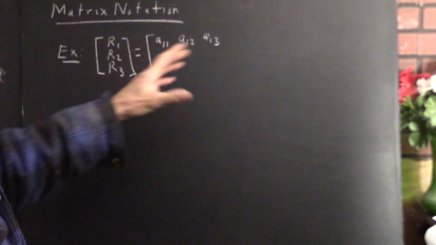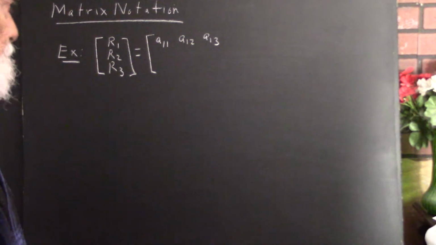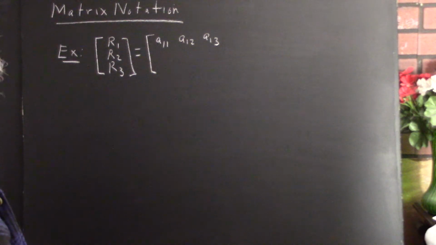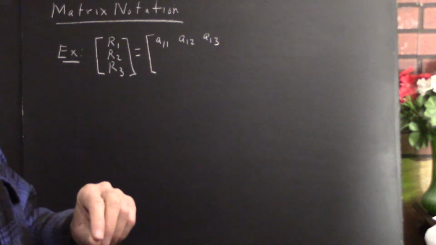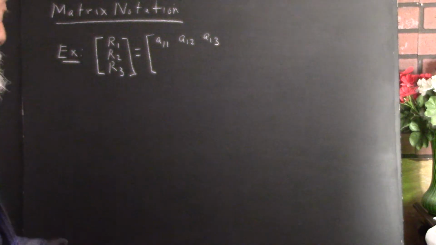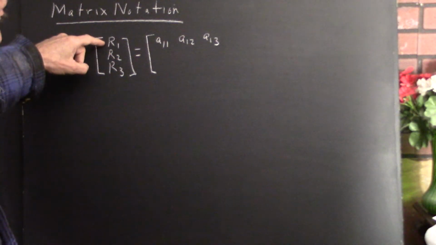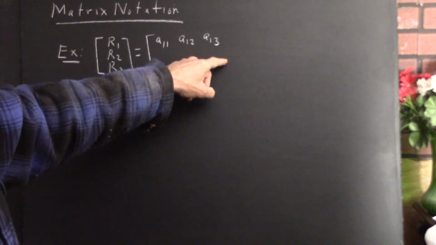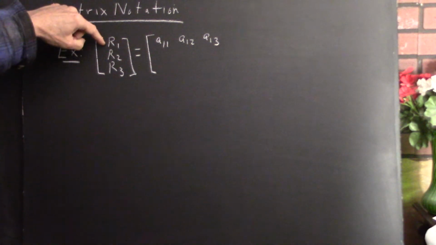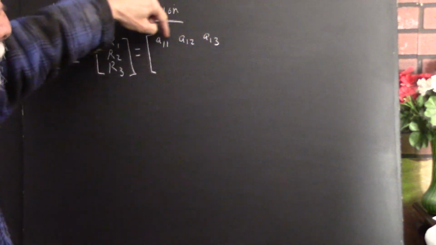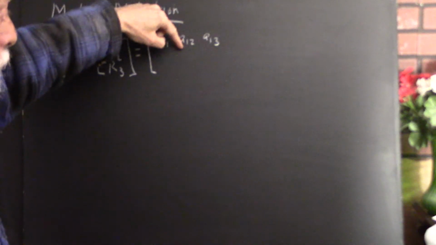I'm not going to write the commas, although it's often important to include them, especially if your subscripts have numbers bigger than 10. So row 1 is A1 something: A11, A12, A13.